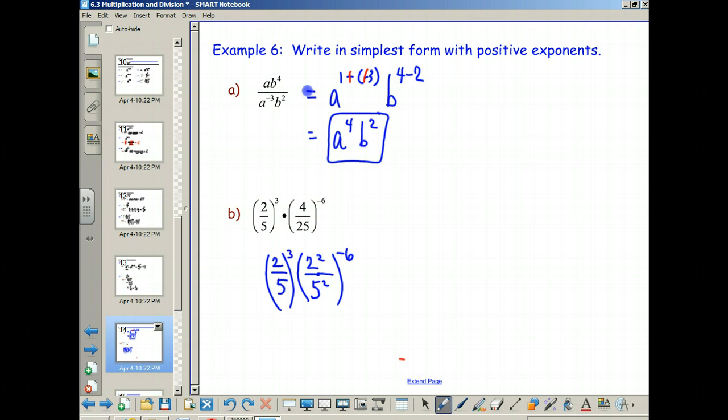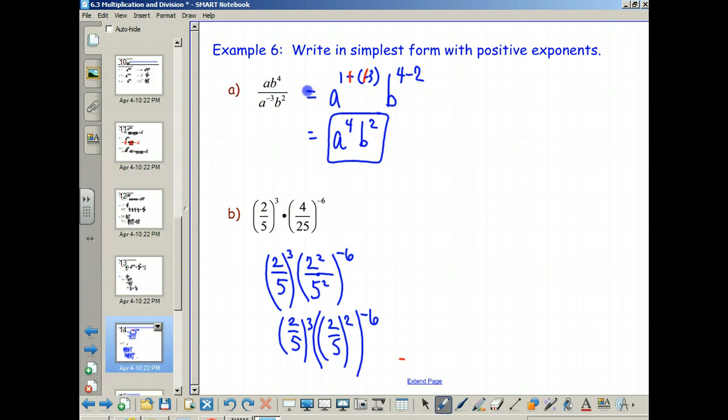I'm going to use one of our properties in reverse. The property that I'm going to use is the one that says powers raised to powers. And so this power of 2 raised on the 2/5. In fact, let me do it in 2 steps. I'll write this 2/5 here to the 3rd. I'm going to write this 2/5 as 2/5, all of it squared, and all of that is then raised to the -6.